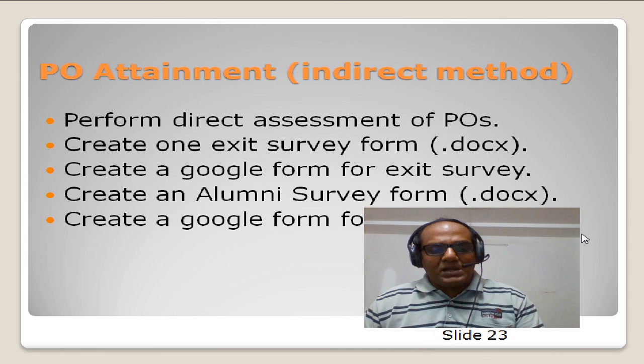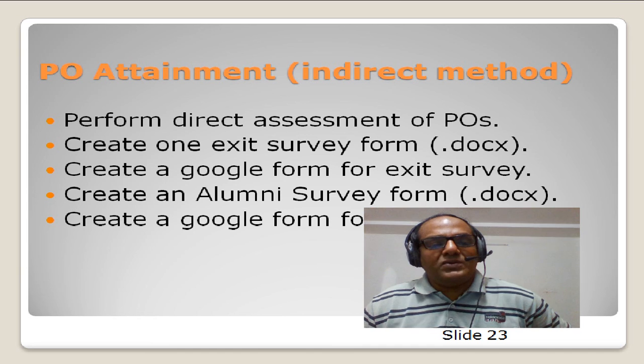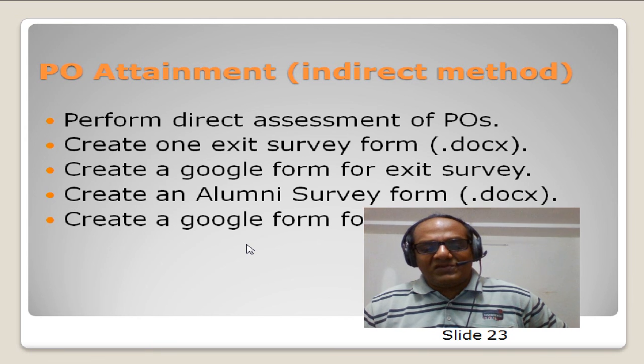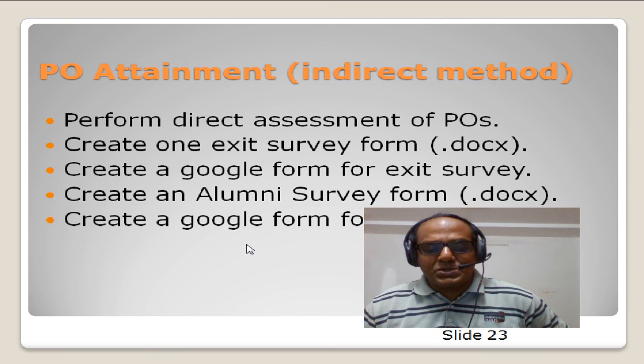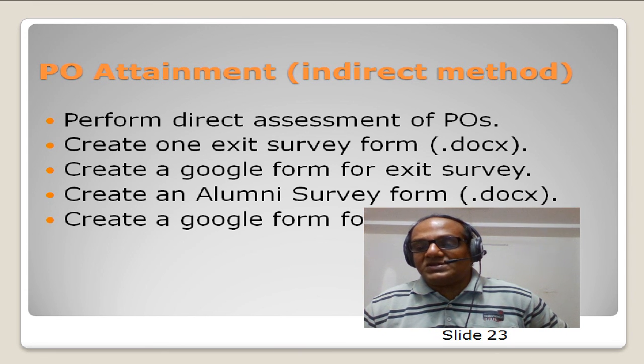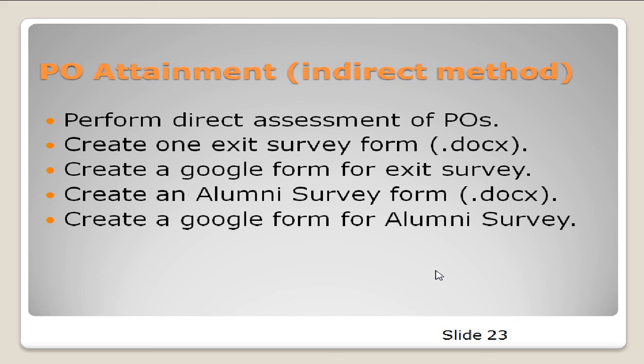If I save one and save the next one, the previous one is overwritten. To avoid that, have some kind of a name mnemonically. 2011-15 mechanical exit survey. The moment you see the name of the file, you have every piece of information available.